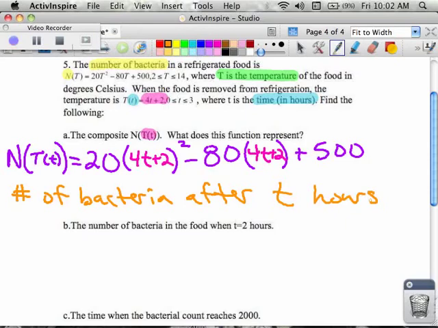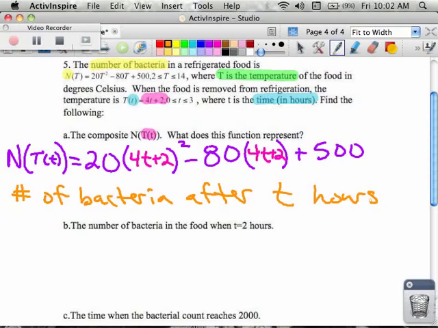Now the cool thing is, in part B they say, tell me about the bacteria after 2 hours. You can go into your calculator, type in this equation, go down to 2, and there's your answer. So you don't really have to freak out about that.